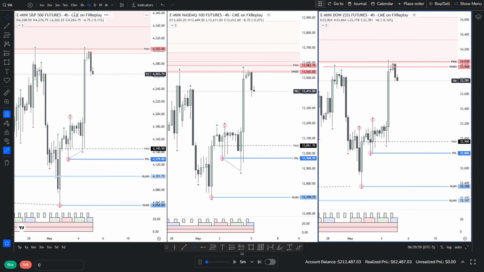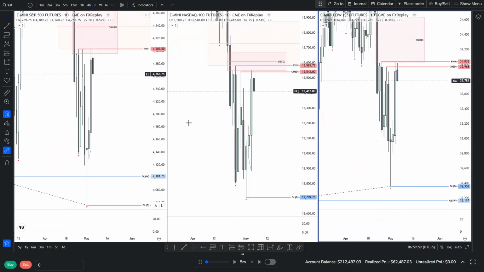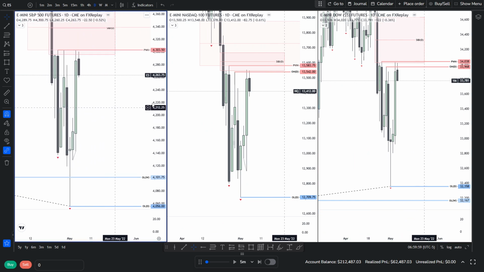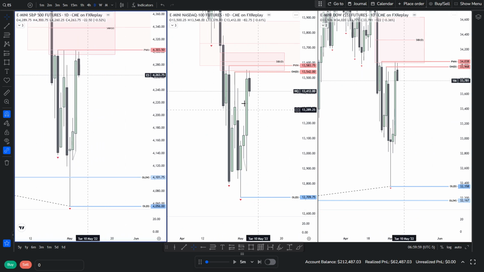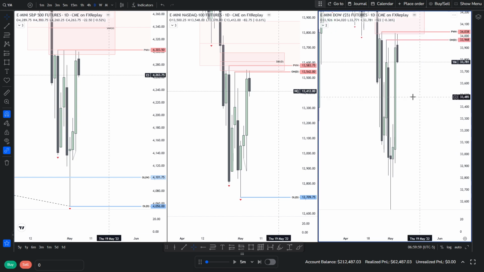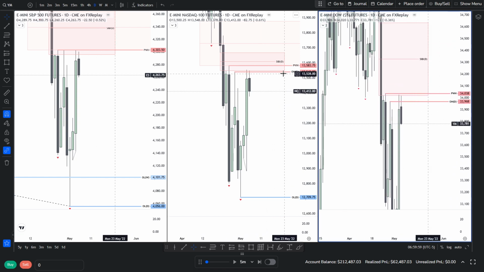So what we want to do is just venture out to the daily. No imbalances at present, which is fine, and we can see it doesn't look like any of them actually purged that previous weekly high.